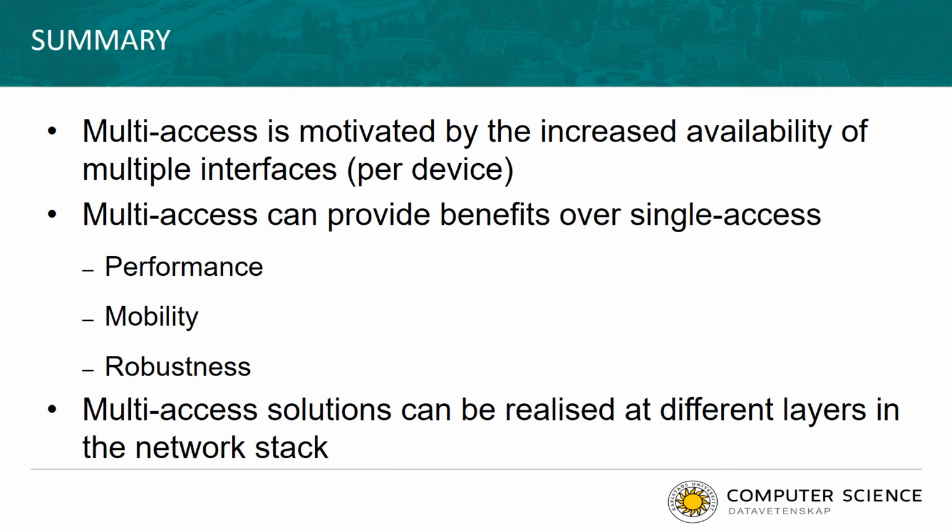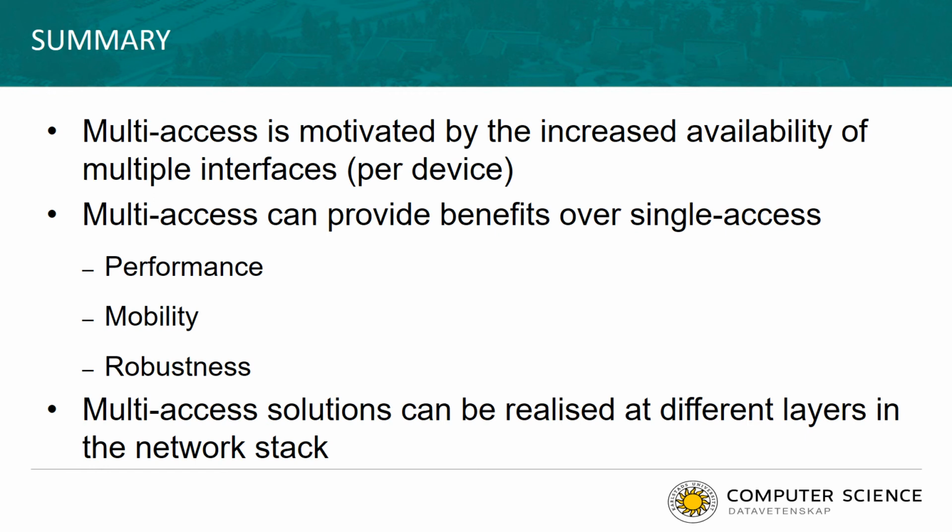So to summarize this introduction, multi-access is motivated by an increasing availability of multiple interfaces in our user terminals and in our devices. And multi-access can provide a number of benefits over single access. So it can provide an increased robustness because if one link fails, another link is available and your communication can still continue without interruption.